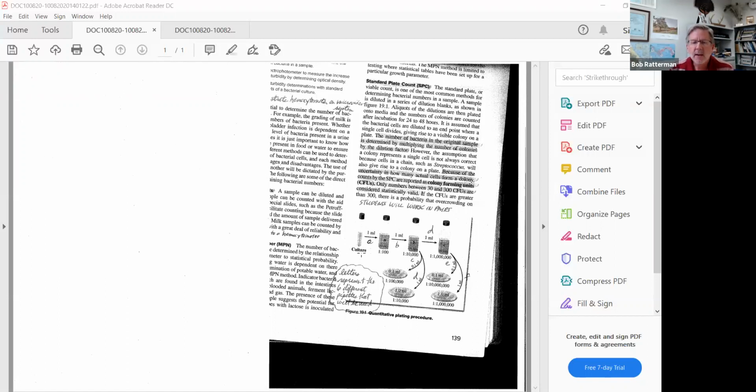And what they did was they transferred a milliliter of this E. coli broth into what's called a water blank. This contained 99 mils of sterile water, in this bottle labeled A. That created a 1 in 100 dilution.